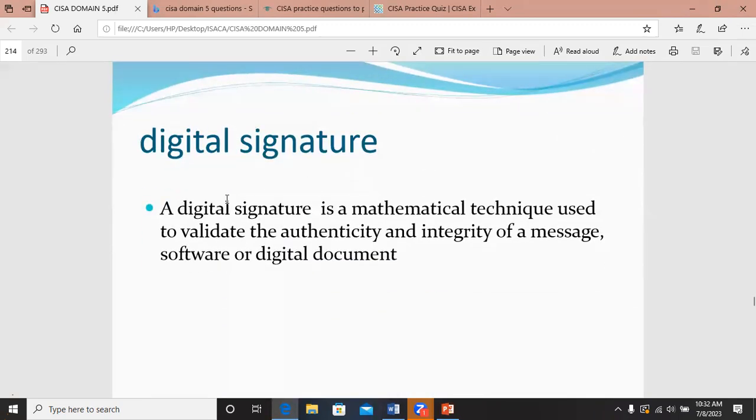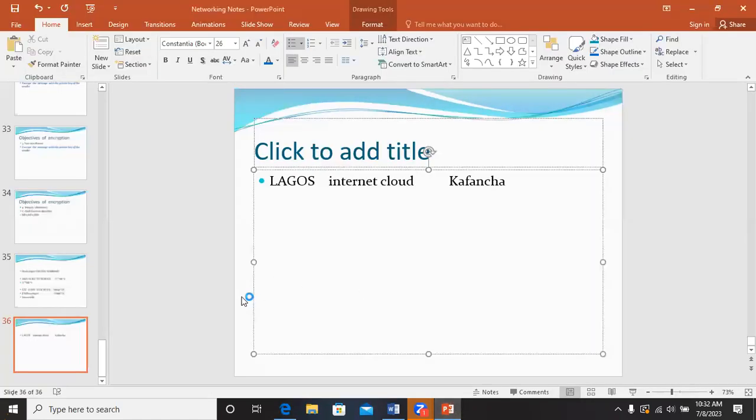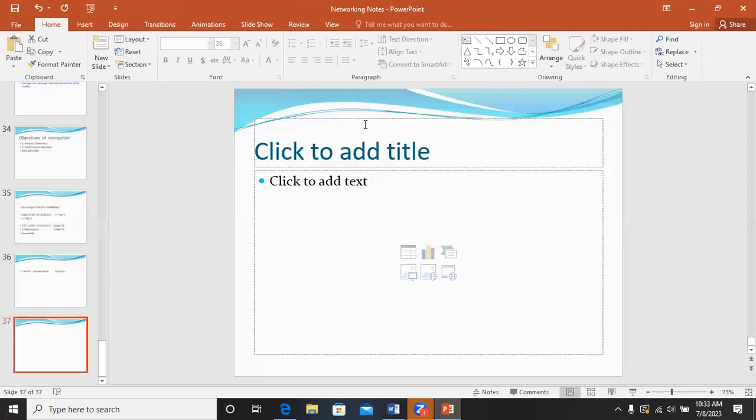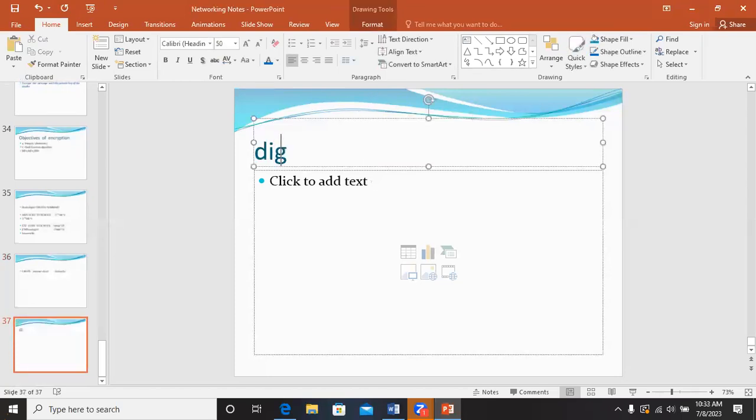Then we have digital signature. Digital signature is just like our normal signature. You write a letter, you sign it. The same way, you have a digital signature, which is more or less saying, this is my signature, I signed this particular message. When you say sign, you know that it is going to be linked to the private key we have talked about.